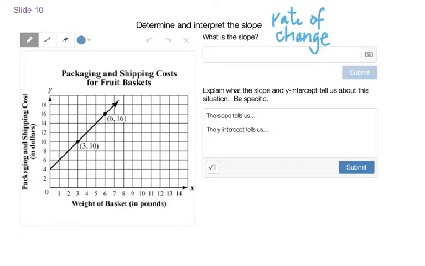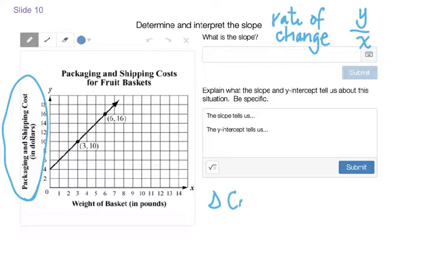In this case, our rate of change is always the change in the y over the change in x. So what is the y? The y is packaging. So this is going to be the change in the cost of packaging over the change in the weight of my fruit baskets.